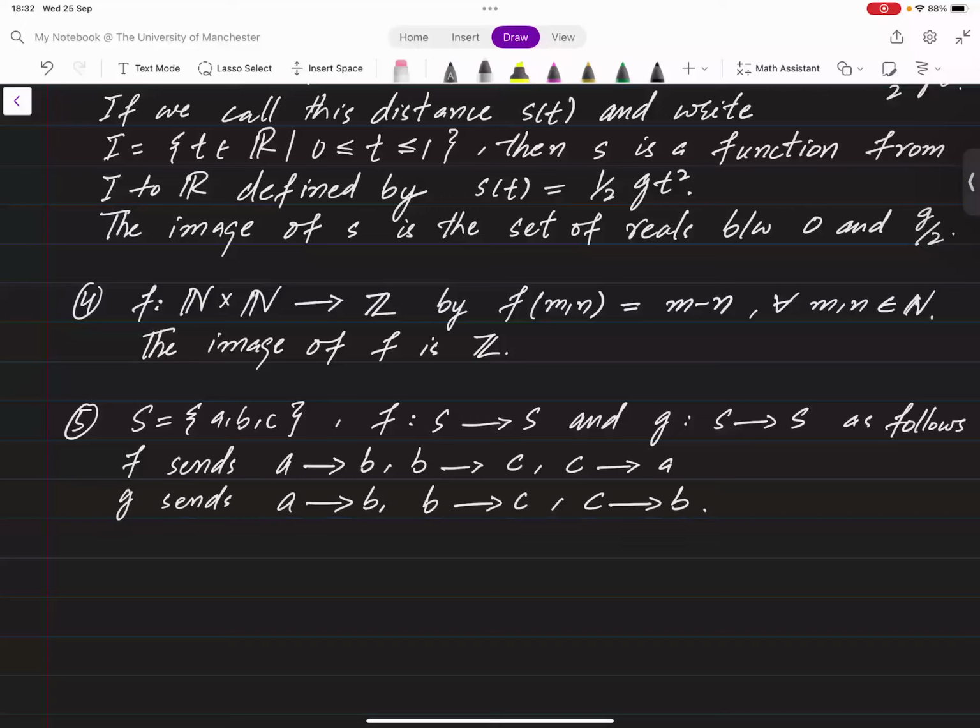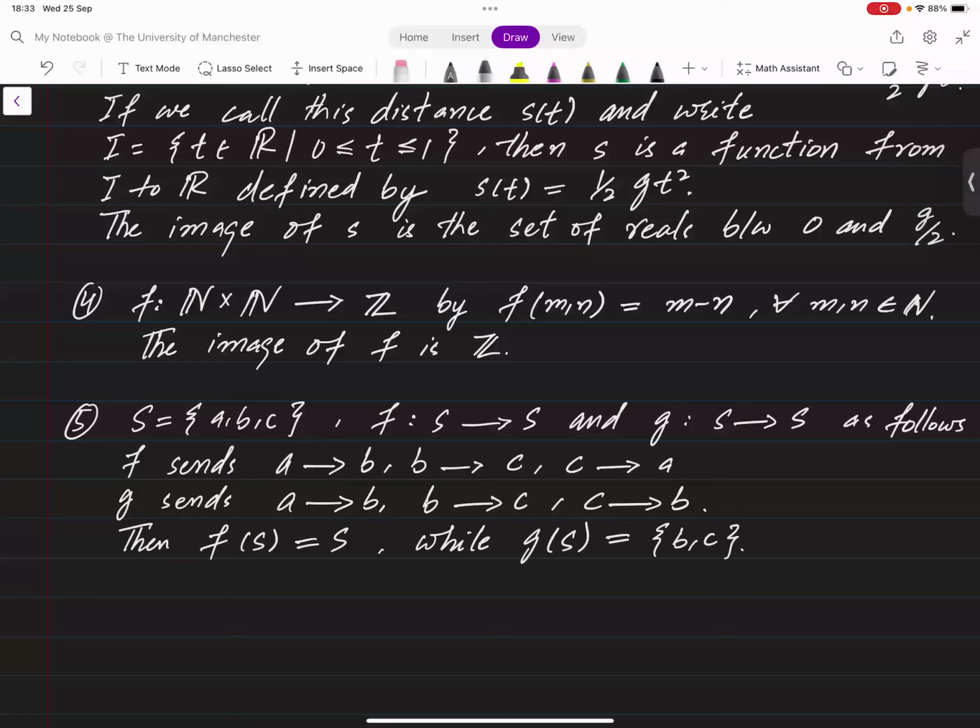Then the image of function f is the set S, while the image of function g is only the elements b, c, because none of the elements are sent to a by g.